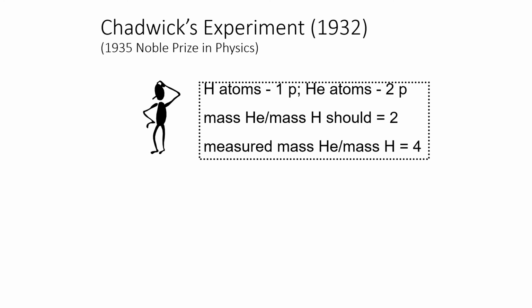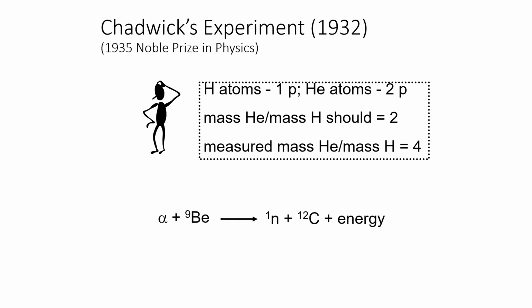So 2 divided by 1 is 2. We knew there was 1 proton in a hydrogen atom and 2 in a helium atom. But the measured mass ratio is 4. So how can that be? Where is that other mass coming from? There has to be something else there.